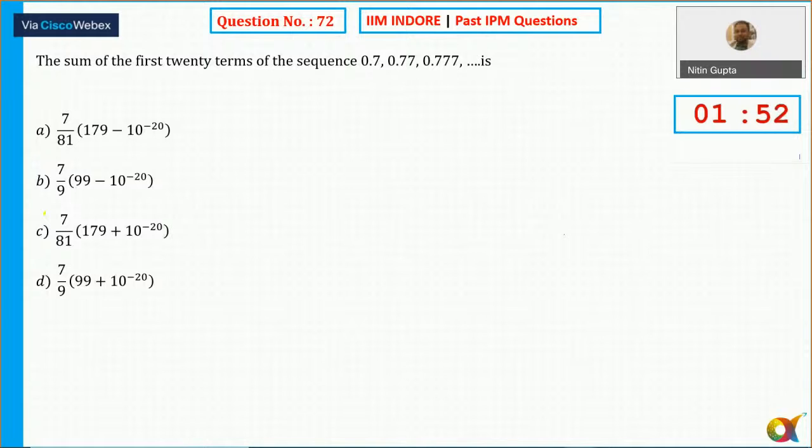You can find this question even in the NCERT book, Class 10th or 11th NCERT book. Okay, last 50 seconds.